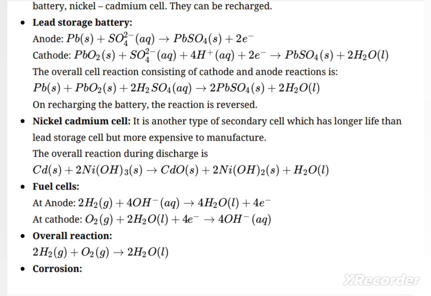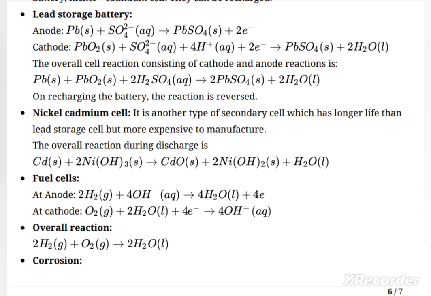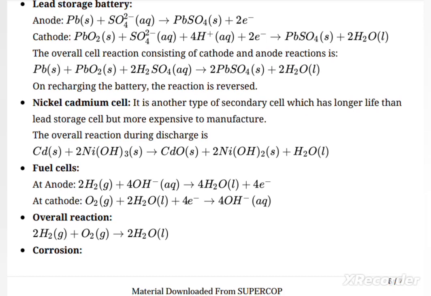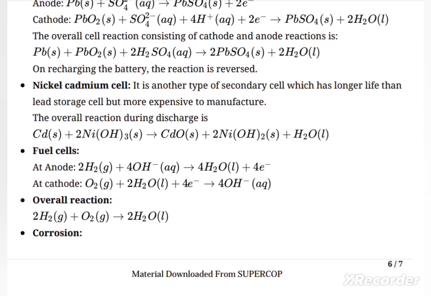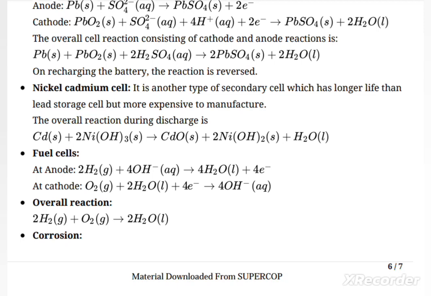The overall reaction during discharging is Cd plus 2NiO(OH) plus 2H2O giving Cd(OH)2 plus 2Ni(OH)2. Fuel cell: reactions at the anode and at the cathode. Overall reaction: 2H2 plus O2 gives 2H2O in liquid form.